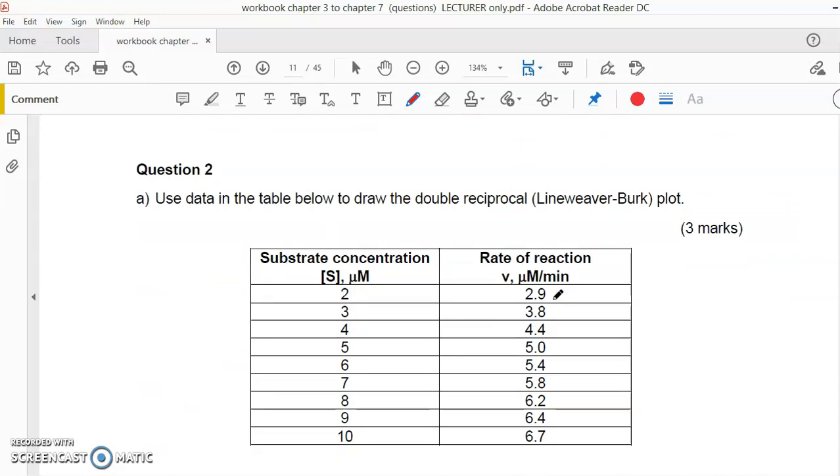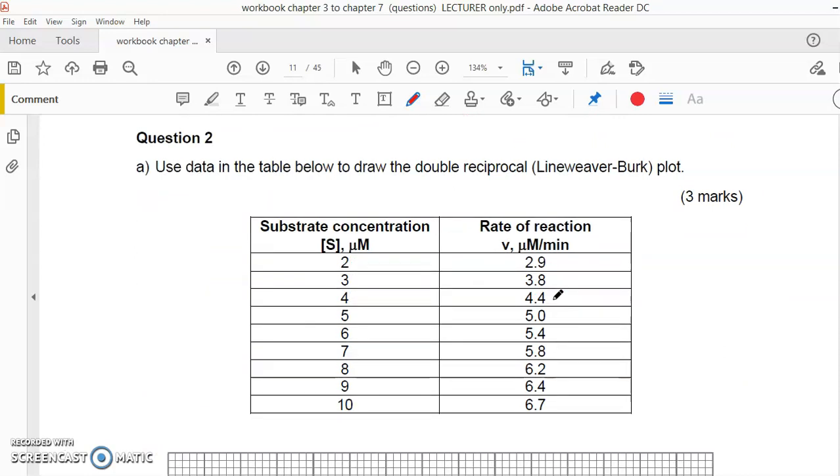Now we have a look at the following question on enzyme affinity towards substrates. So in this question, you need to use the data provided by this table to draw what we called a double reciprocal or Lineweaver plot.